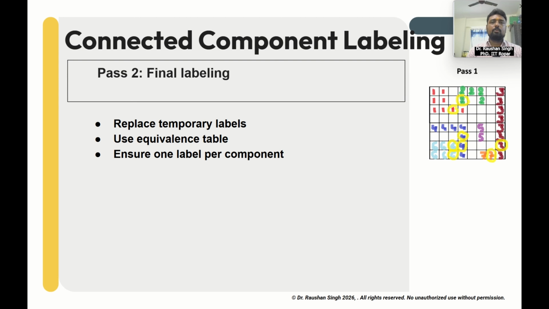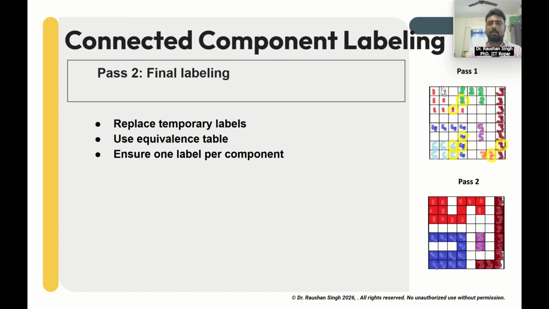In that rule, you only have to replace the temporary labels with the permanent ones. If there is 2 and 1, we have to take the minimum value, so the 2 will be transformed to 1. Finally this completely will become 1, this completely will become 3, and this completely will become 4.